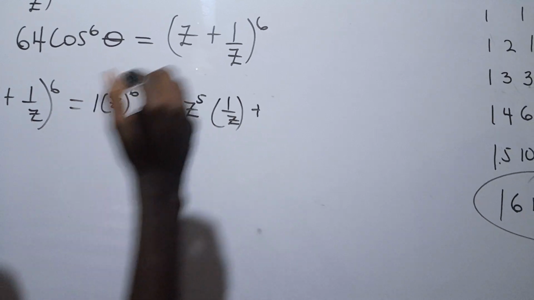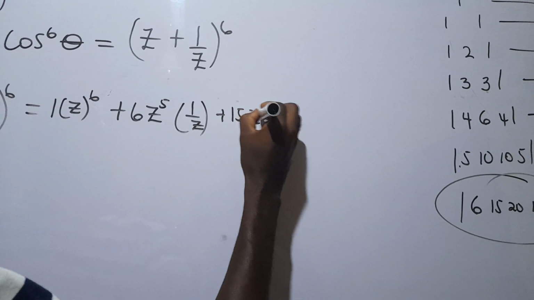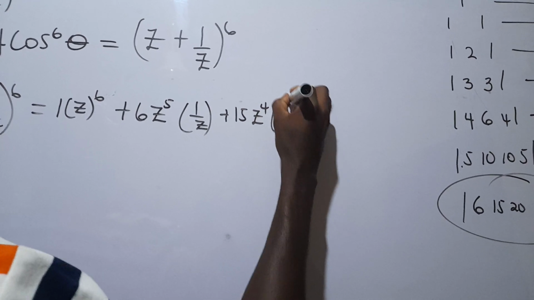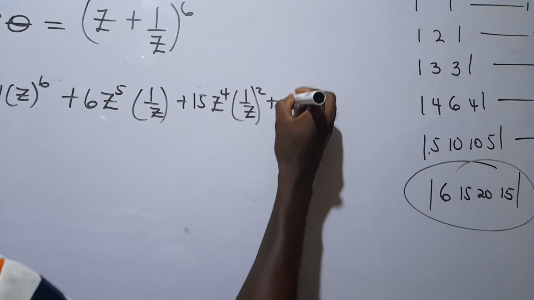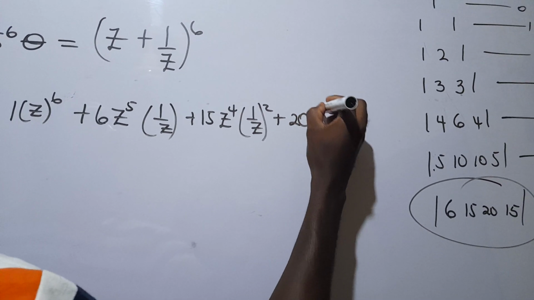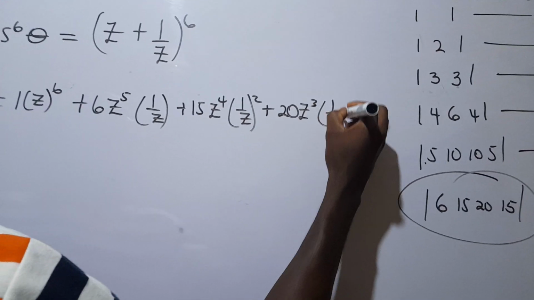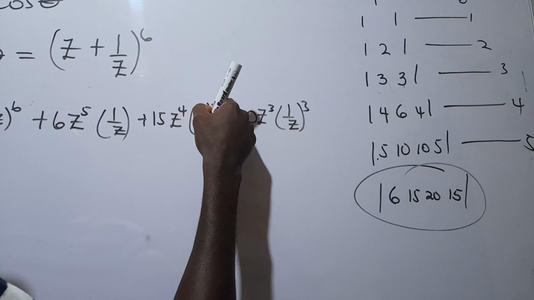Then plus the next coefficient is 15, z exponent 4 now, then 1 over z square. The next is 20, so 20 z exponent 3, then 1 over z exponent 3.